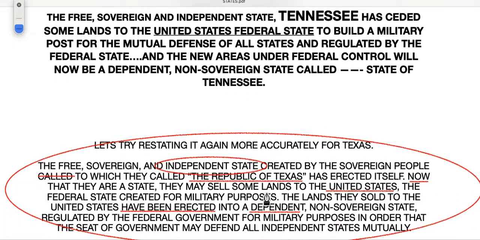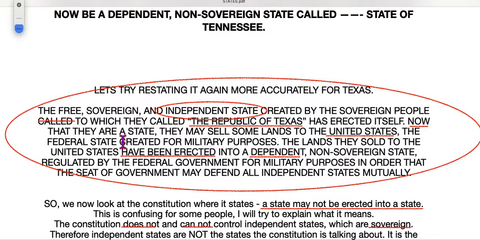So, my rewrite. The free, sovereign, and independent states created by the sovereign people, which they called the Republic of Texas, has erected itself.